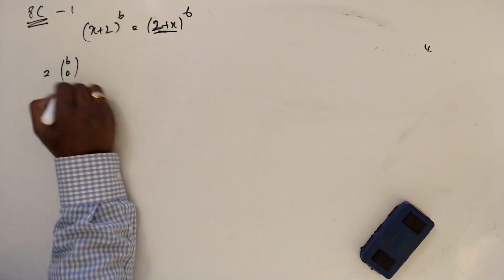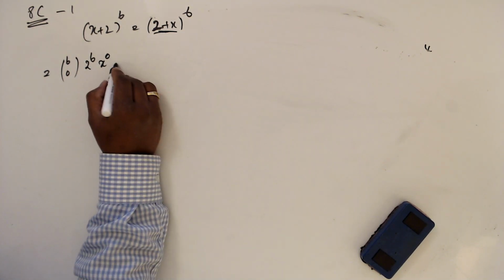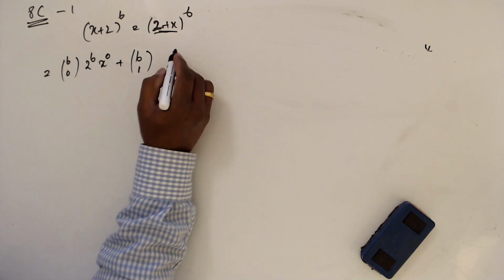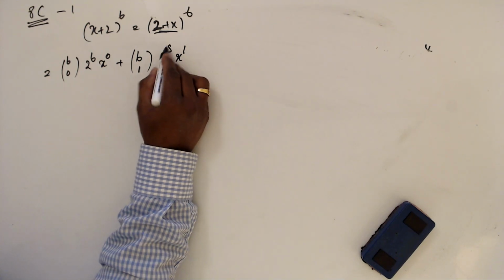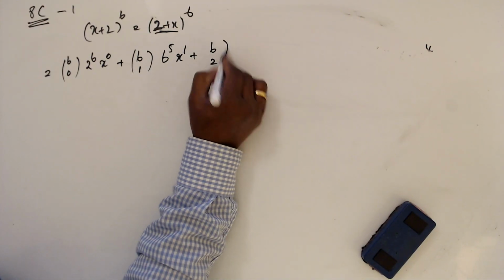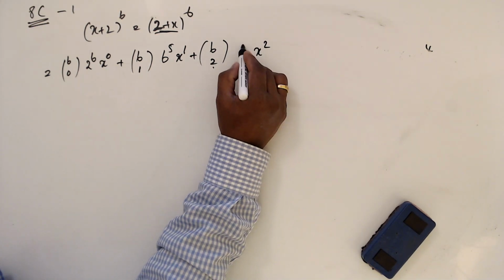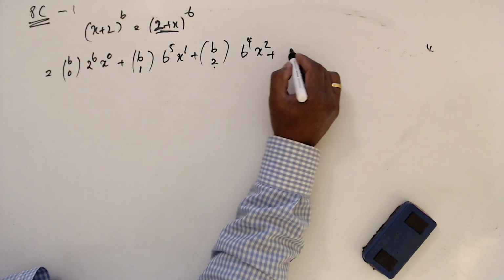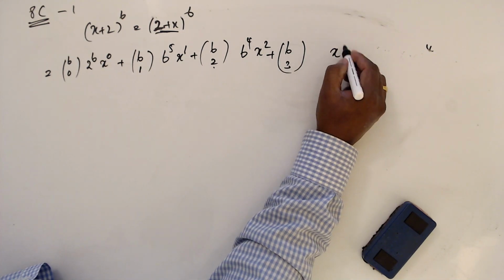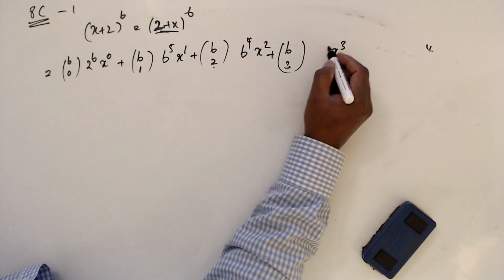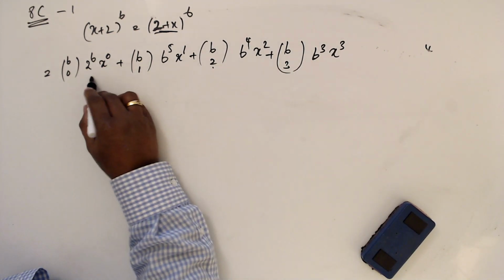6, 0, 2, 6, and x 0, and 6, 1, 6, x 1, and 6, 5, 6, 2. This is 2, then this term 2, and other one is 6, 4, and 6, 3. Then I write x3 first, match with this one, and then 6, 3. Sorry, this is wrong.